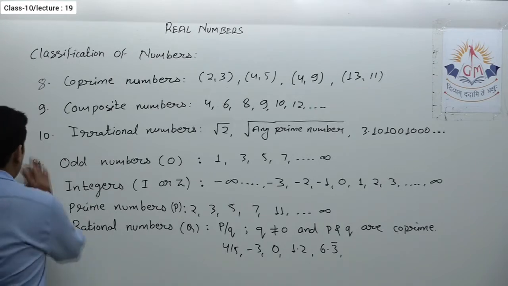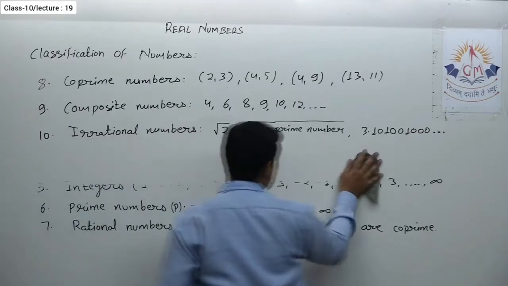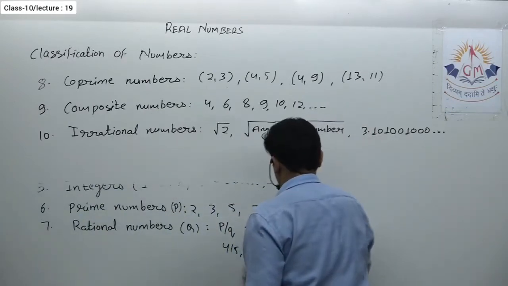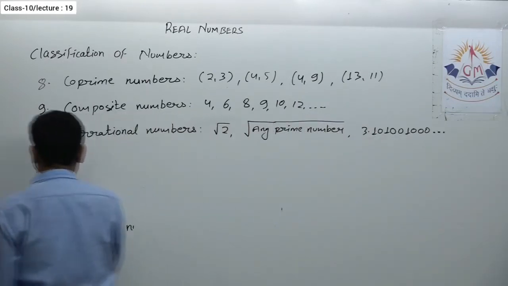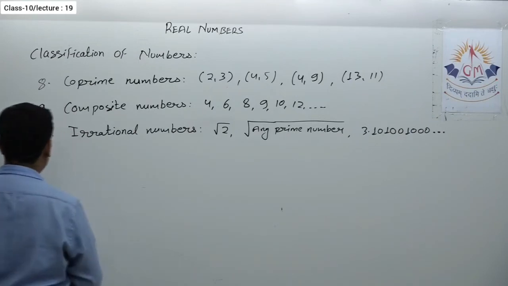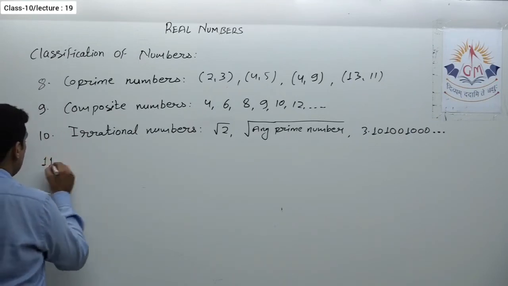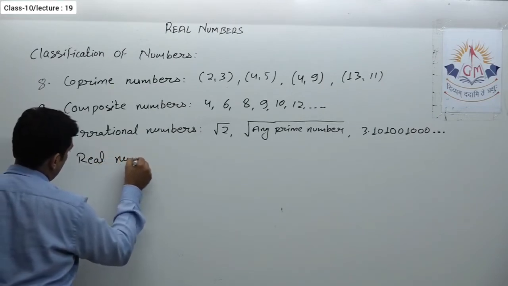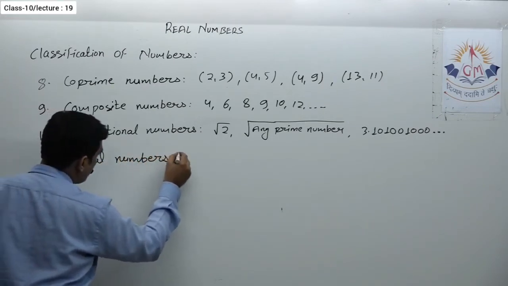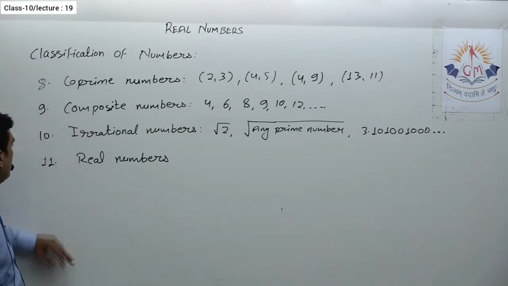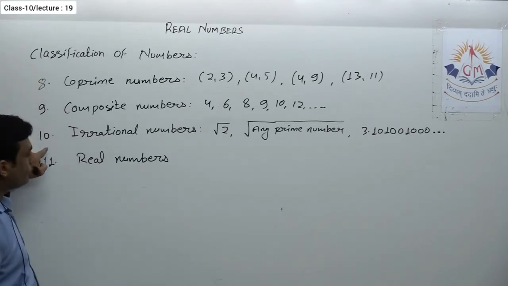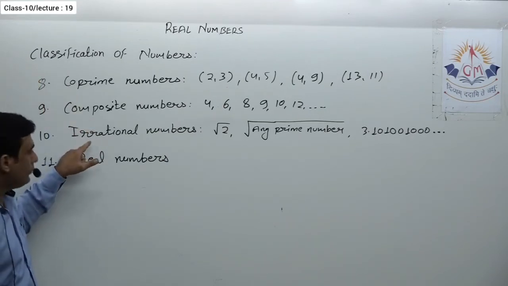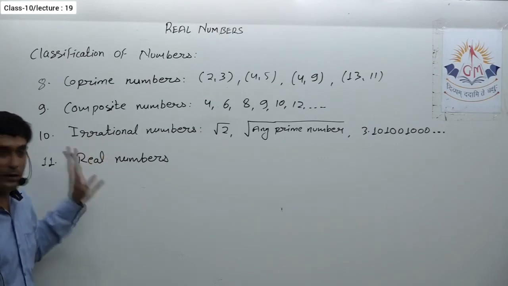Okay, so now let us see what real numbers are. Finally, real numbers. See, we can say all the numbers from the very first up to now, that means from natural numbers to irrational numbers, all are real numbers.